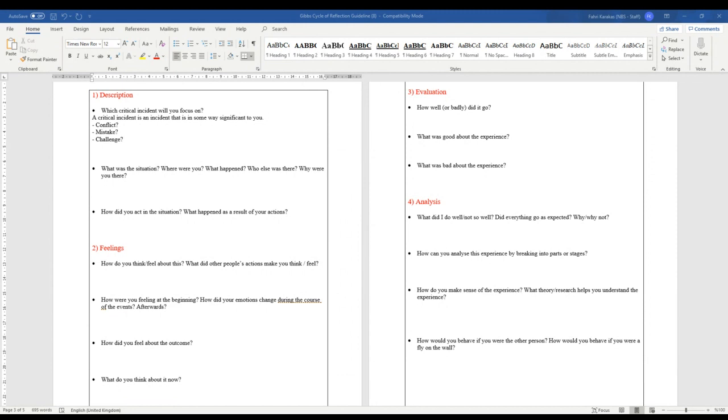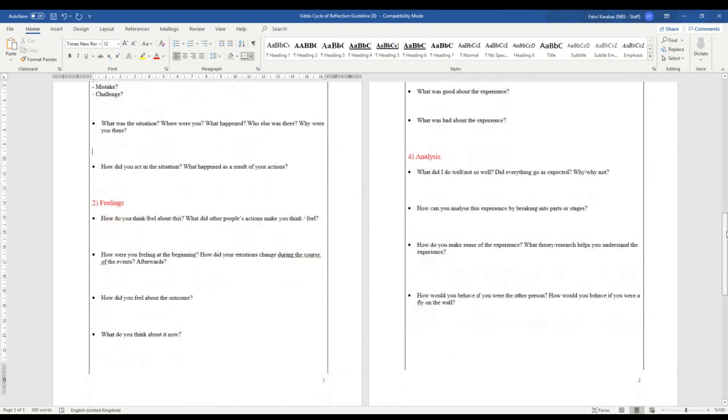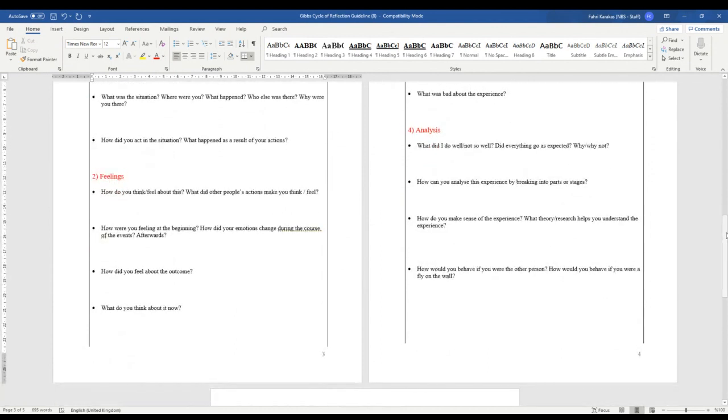Okay, so if you're done with the description, let's continue with feelings. The second part, feelings. Please type up about your feelings now. How did you feel about this? What did other people's actions make you think or feel? What were you feeling at the beginning, and then how did your emotions change during the course of the events and afterwards?